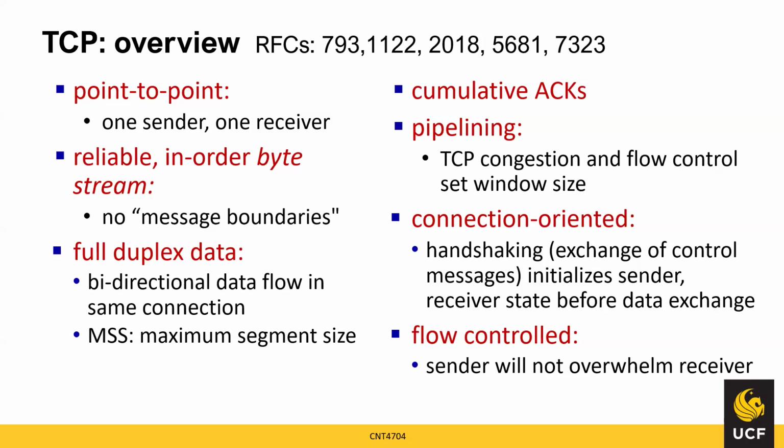And it is flow controlled, so the sender doesn't overwhelm the receiver's buffer. We will see how that happens. How do we make sure that the receiver doesn't get overwhelmed by the sender? These are the primary ideas that we will discuss with TCP, and we will talk about more of these in depth.